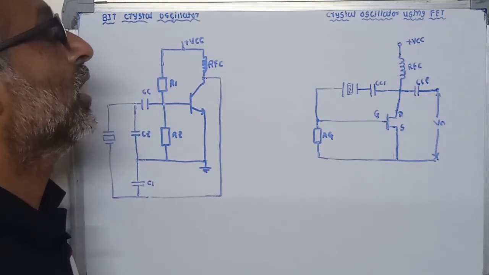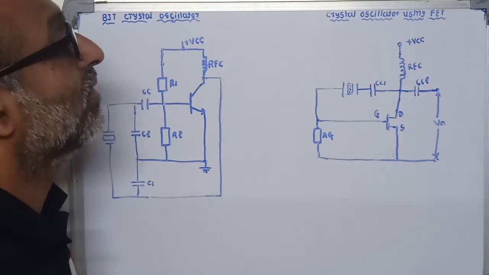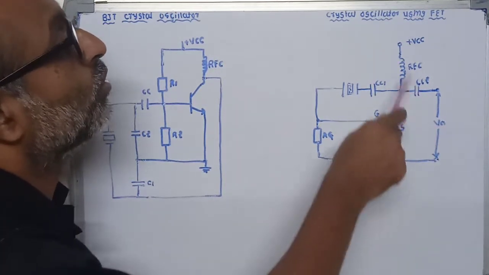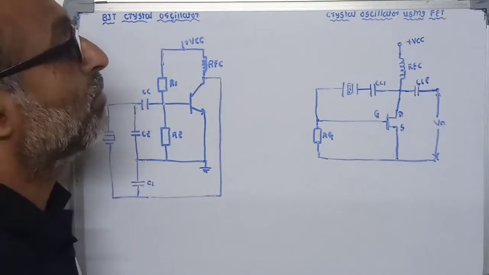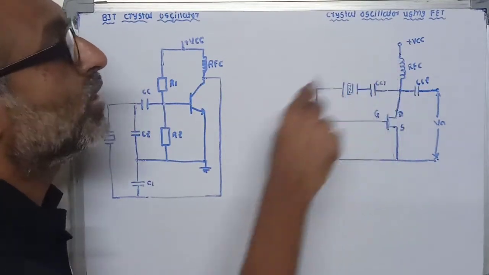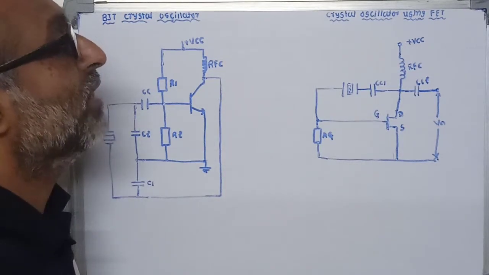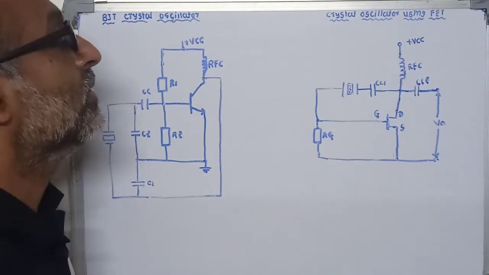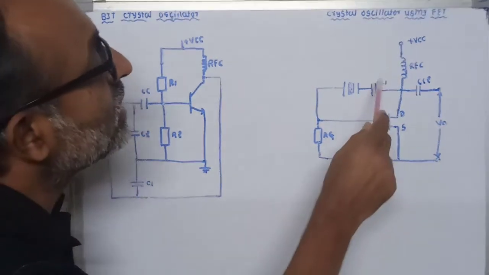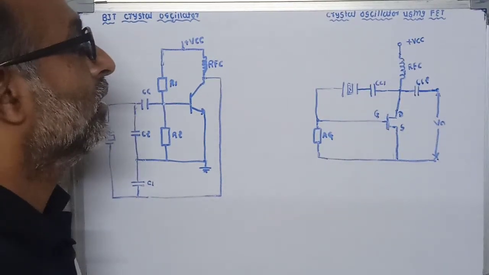So the high frequency or AC signal does not go to the power supply VCC, but the FET gets DC supply through this RFC because it provides very low reactance to the DC signal. So here CC is the coupling capacitor.